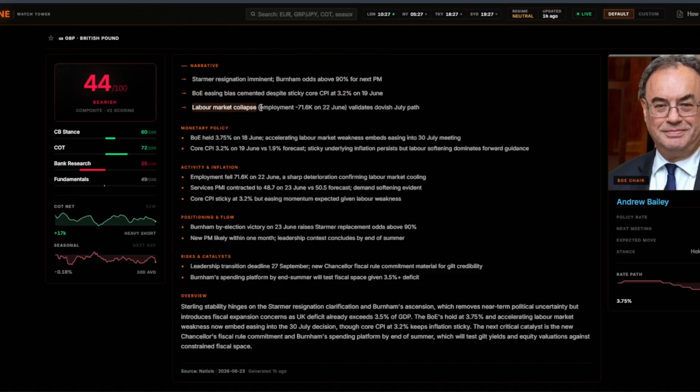Labor market collapse and employment is actually weaker, which validates the dovish July path, right? So just from that narrative, we can already see there is a less hawkish stance now. We could probably see the Bank of England becoming a little more dovish at the next meeting in July.